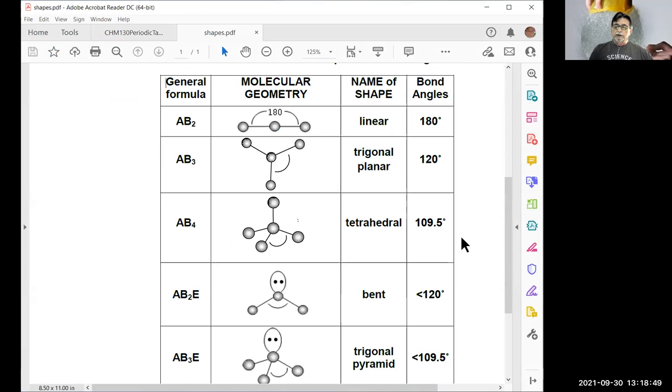And remember, I asked you guys to download it so you can have access to it. And we came up with AB2E2. And we go look in the first column, and we find the general formula. And guess what? Here it is.